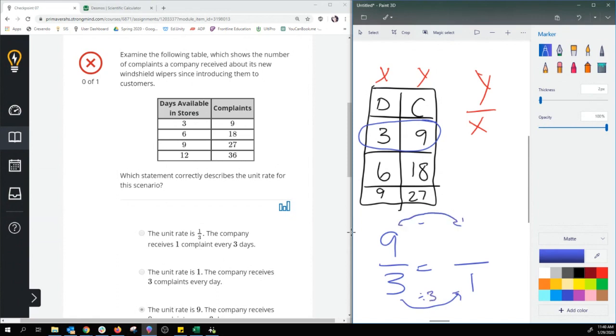So I'm going to do the same exact thing up top and divide by 3. So 9 divided by 3 gives me what number? 3. So this tells me that after 3 days, I have, oh no, whoops, sorry. It's not days. It's 3 complaints. I have 3 complaints after 1 day.